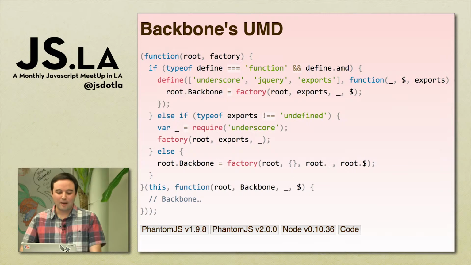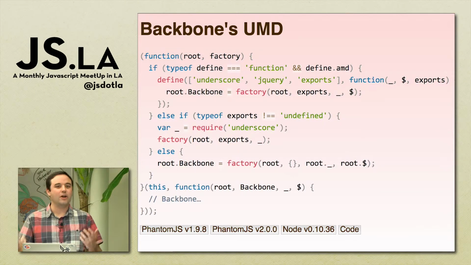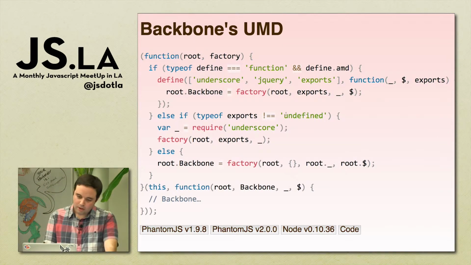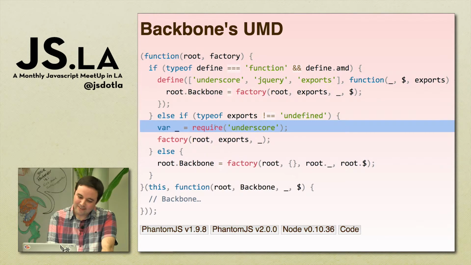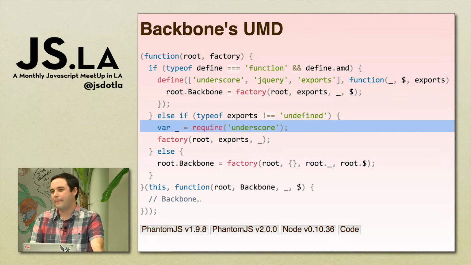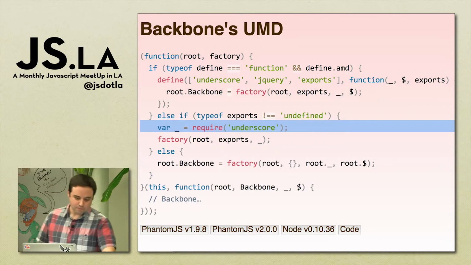So this is Backbone's UMD. UMD, if you don't know, is a universal module definition, so you can share code with whoever, if you're doing the global style or CommonJS or AMD. But the problem is this guy right here. And I don't mean to be picking on Backbone. A lot of different libraries do this. This is just the one I ran into.